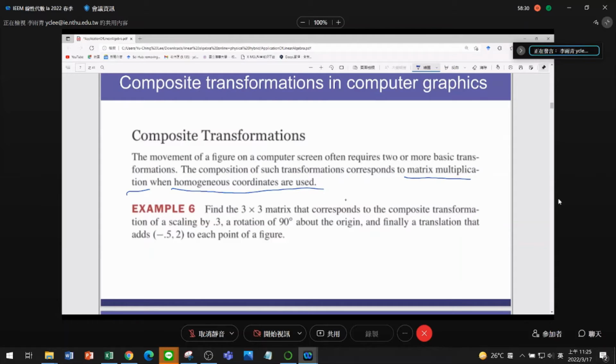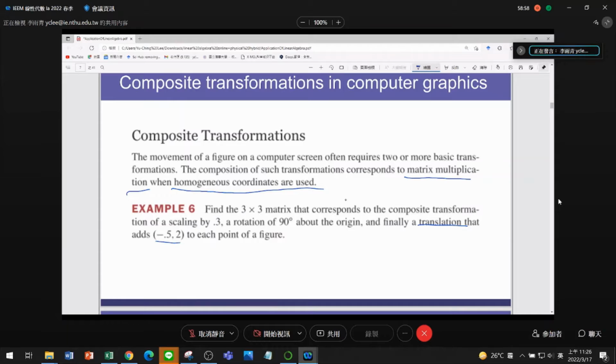Okay. So the next example asks us to find a 3×3 matrix that corresponds to the composite transformation of a scaling by 0.3, a rotation of 90 degrees about the origin, and finally a translation that adds this vector to each point of a figure.